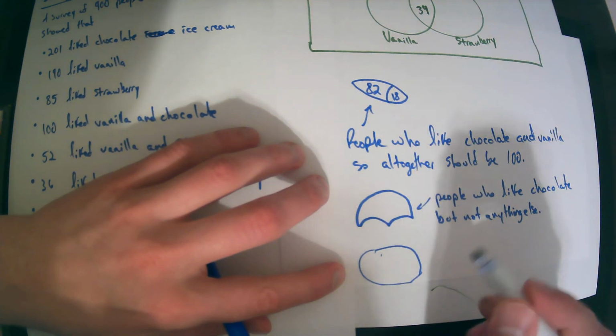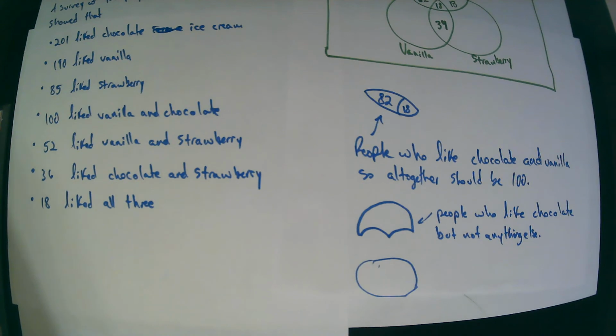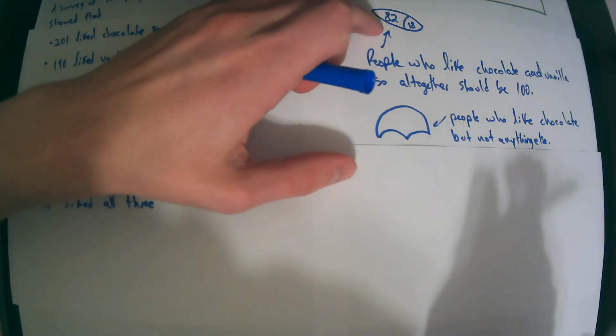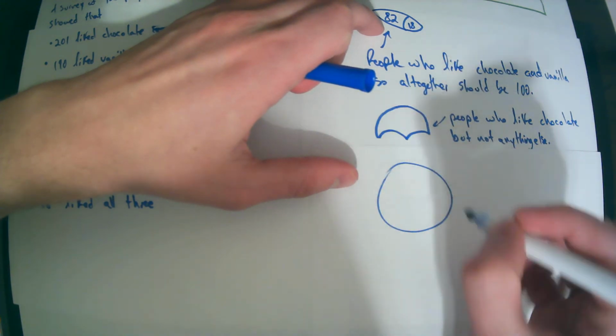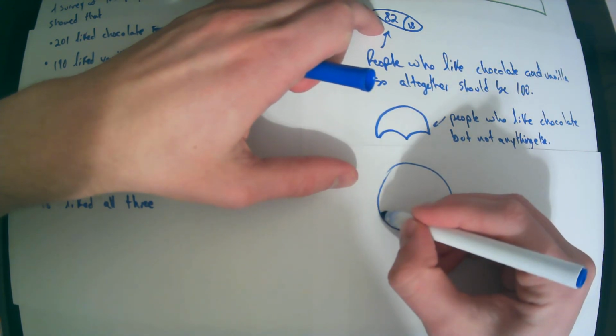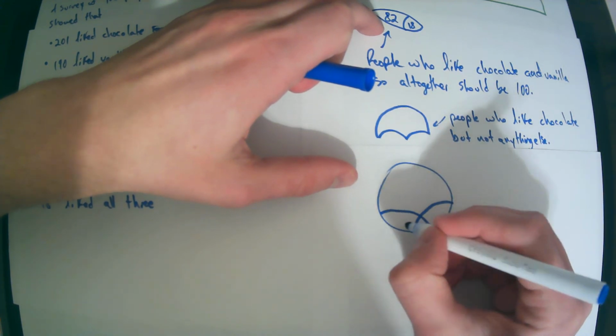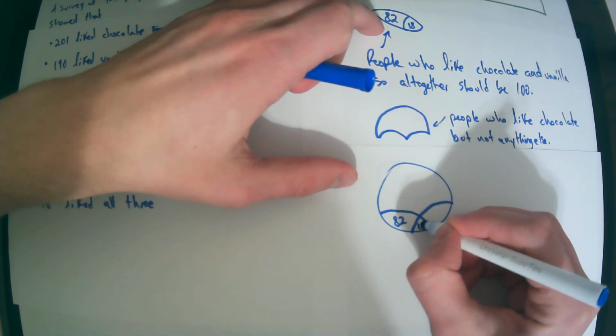Whoops. Let me draw it on a separate piece and bring it over. So here's the circle of people that like chocolate. There we go. Just kind of pulling that piece out.